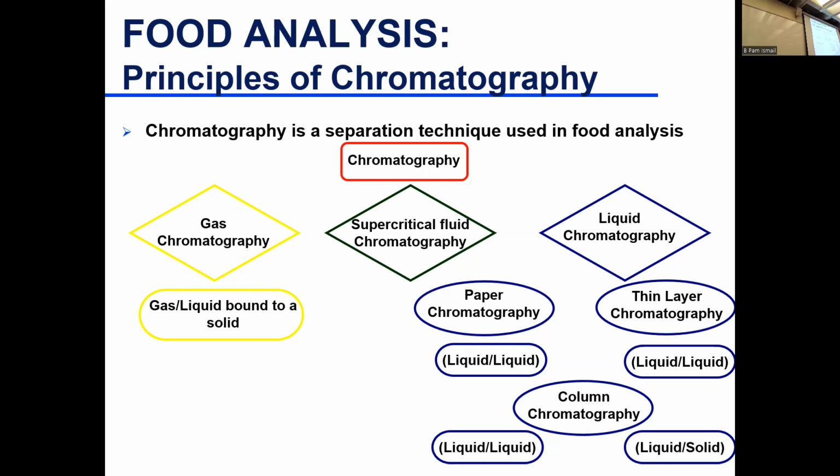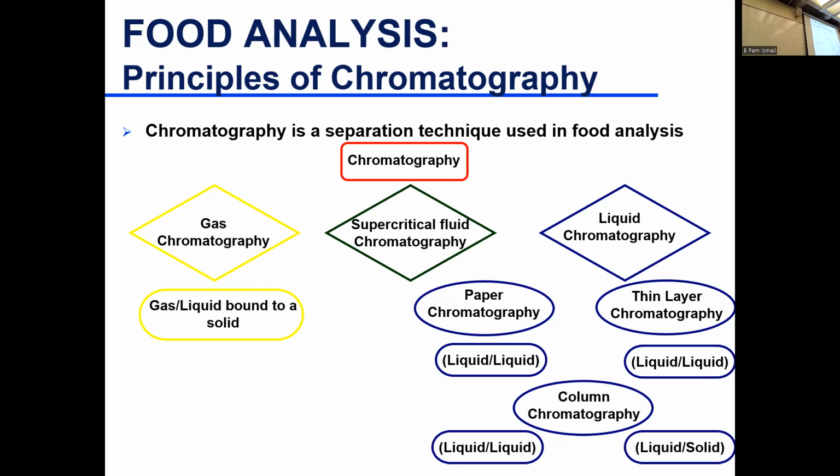In liquid chromatography, the planar types, both paper and thin layer, are partition. With paper or thin layer chromatography, there is an impregnation of a liquid phase on that solid, the paper or silica in the case of thin layer chromatography.